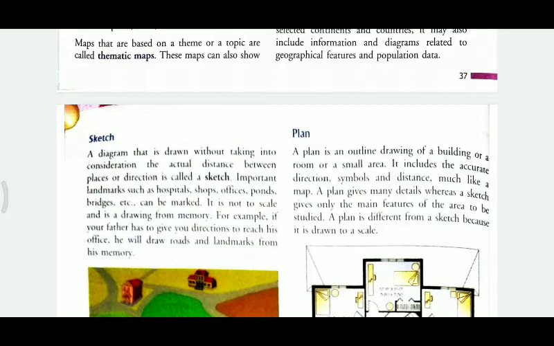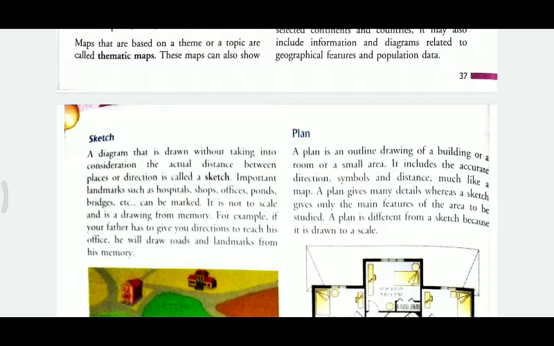A plan gives many details, whereas a sketch gives only the main features of the area to be studied. Dear student, a plan gives many details, whereas in comparison a sketch provides very little information related to the area.